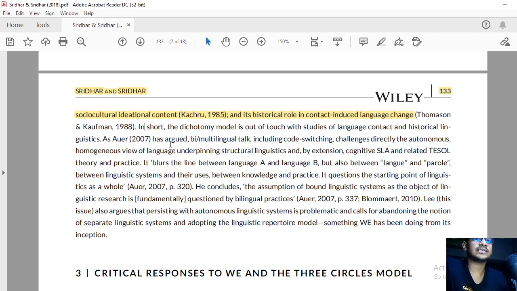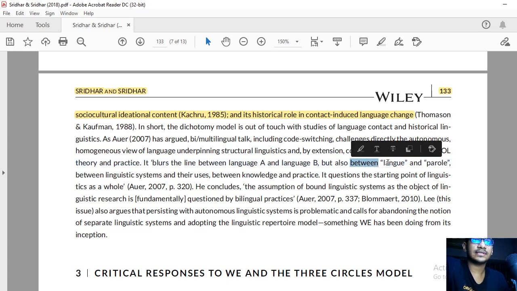So multilingualism, this idea, has been put forward by World Englishes. So this is a challenge, and this is in conflict with the traditional SLA and TESOL monolingual bias. It blurs the line between language A and language B, but also between langue and parole. Langue and parole are French terms.